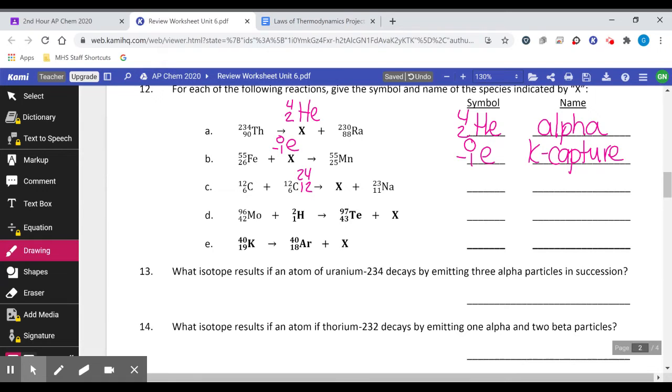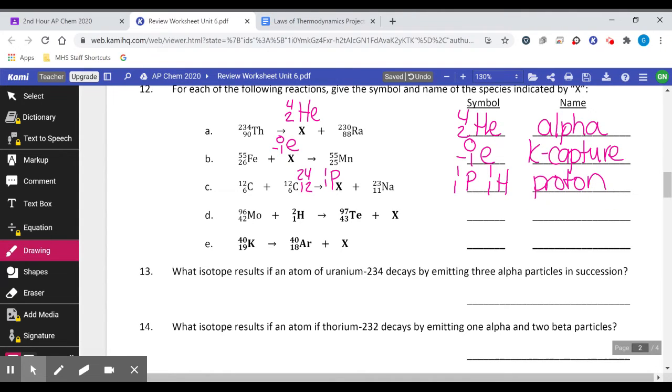I need it to equal 24, and I'm already at 23. That's right, I need a 1. And then for 12 and 11, I need something there. What do I need? A 1. And so what kind of particle is this? Proton? Or we could have called it a hydrogen nucleus, either one there. And so let's call it proton.